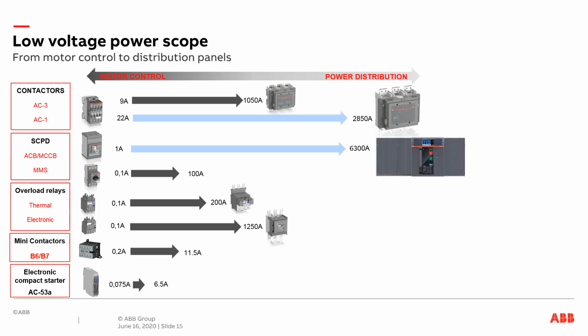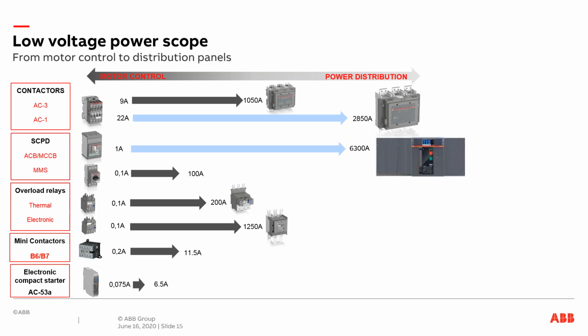This is one of the biggest contactors around the world in block type. For short circuit protection, we have breakers from 1 ampere to 6300 amperes, and for motor protection, manual motor starters from 0.1 amperes to 100 amperes.